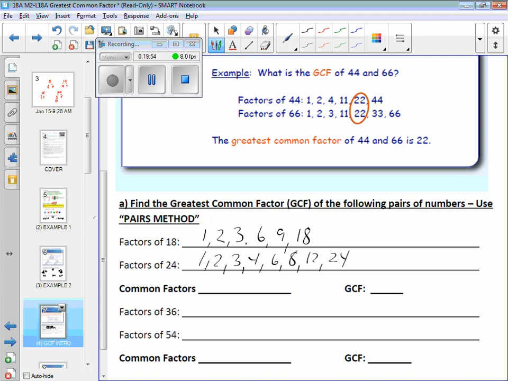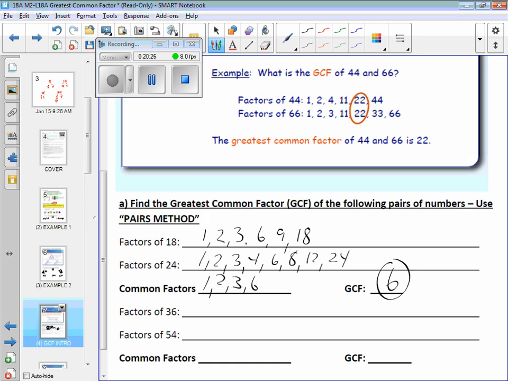What factors are in common with both? 1, 2, 3, and 6 are the common factors. What's the greatest common factor? 6. That is what we're now going to call from here on out GCF.